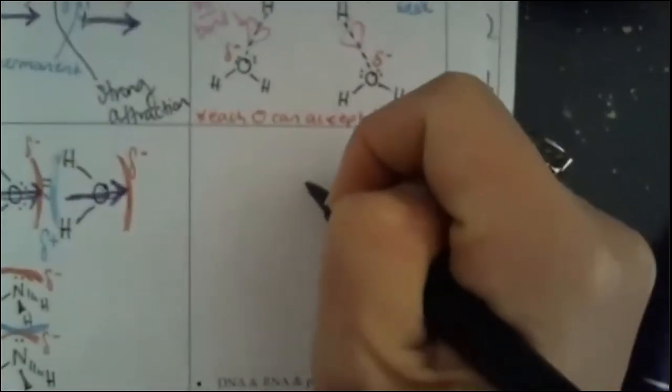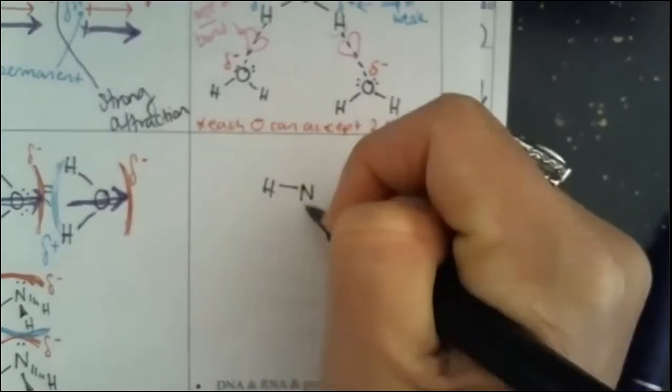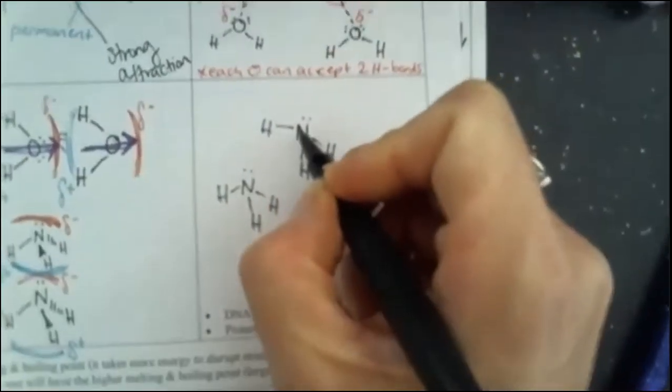So here is ammonia again. I'm not showing the wedge and the dash, but I'm kind of showing the way that it exists, in a little pyramidal shape. So we can see a hydrogen bond between this hydrogen. Is it attached to an N, O, or F?